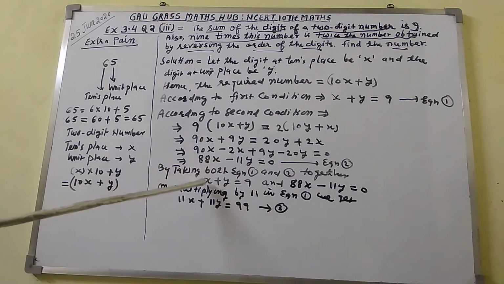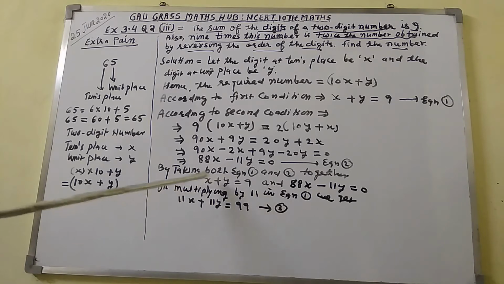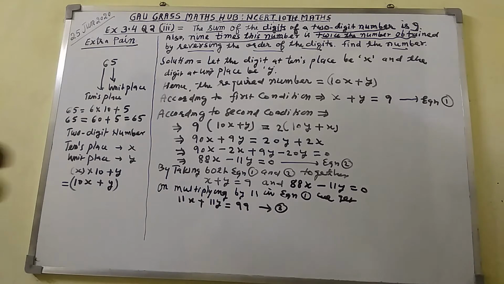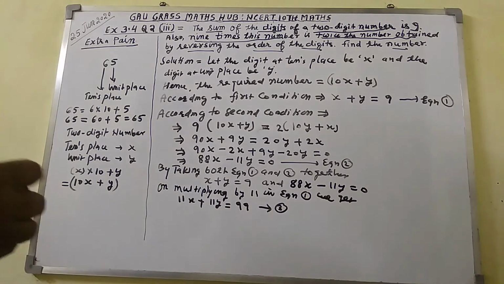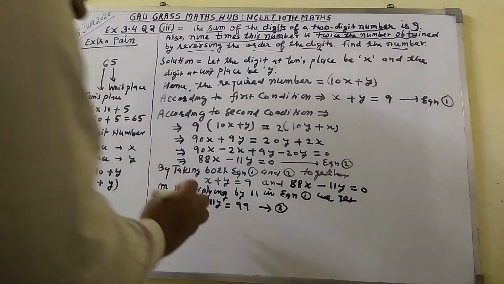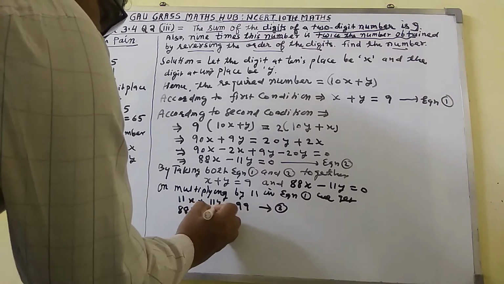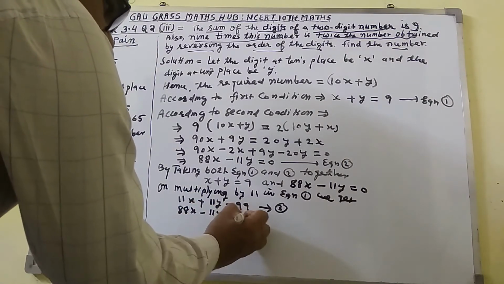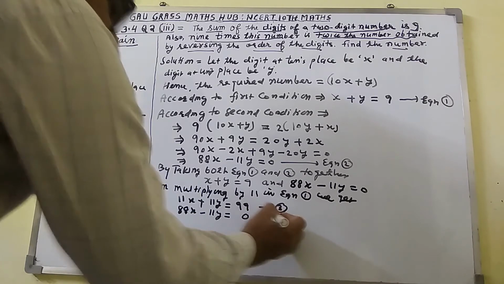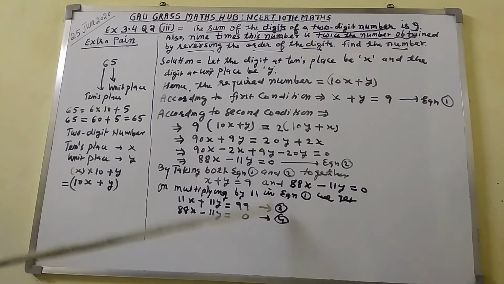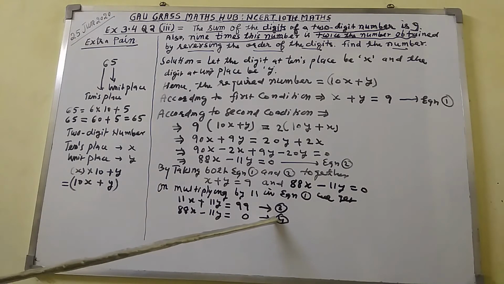If you multiply x plus y equal to 9 by 11 on both sides, here you will get 11x plus 11y. 9 will multiply to 11, it will become 99. Now just below write here equation number 2. Equation number 2 is 88x minus 11y equal to 0. Here you can write equation number 4. The same equation number 2 has been renamed as equation number 4.